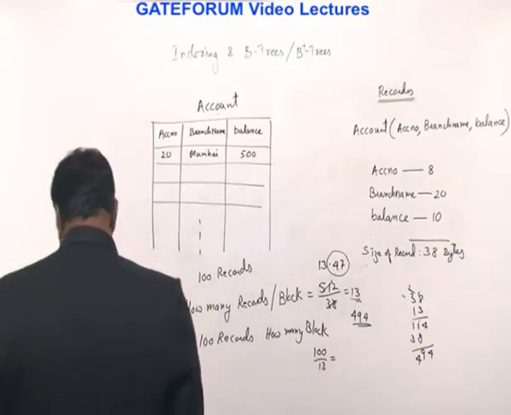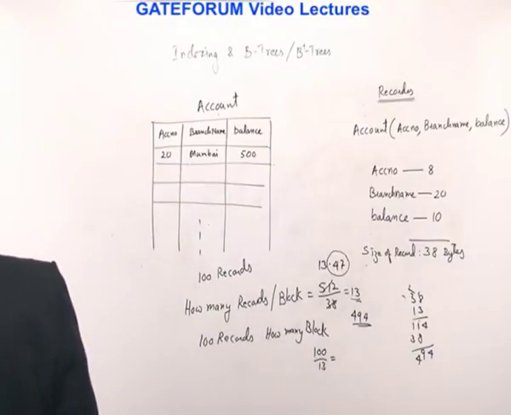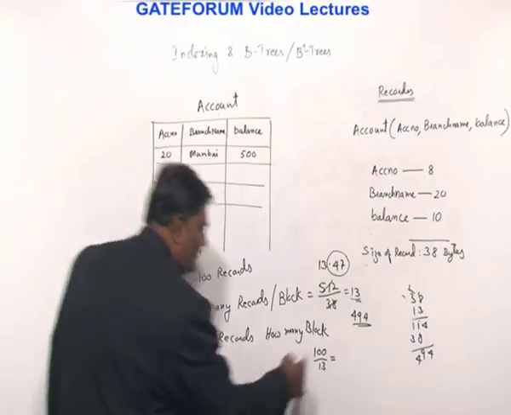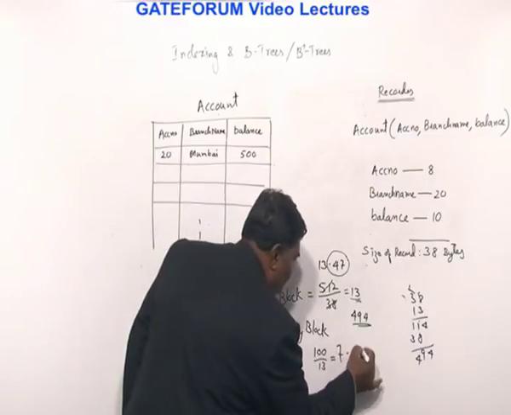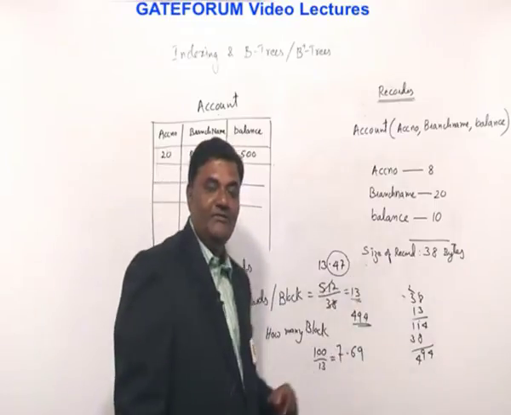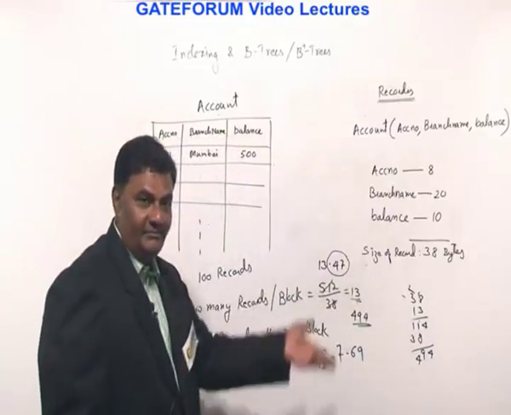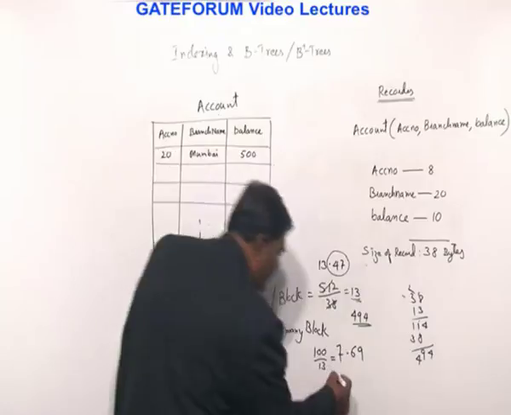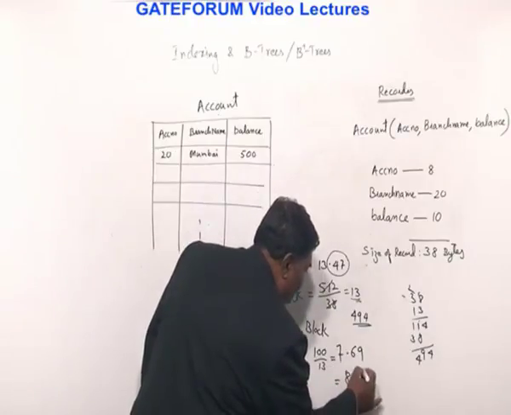The exact value is 7.69. So it means 7 plus blocks we require, so total 8 blocks are required.